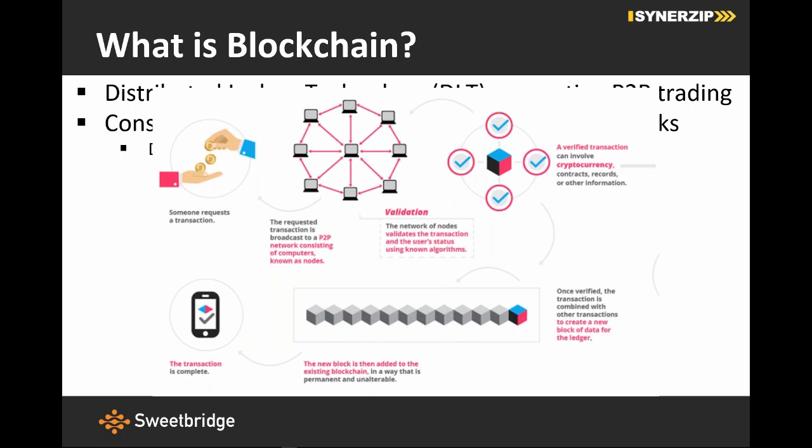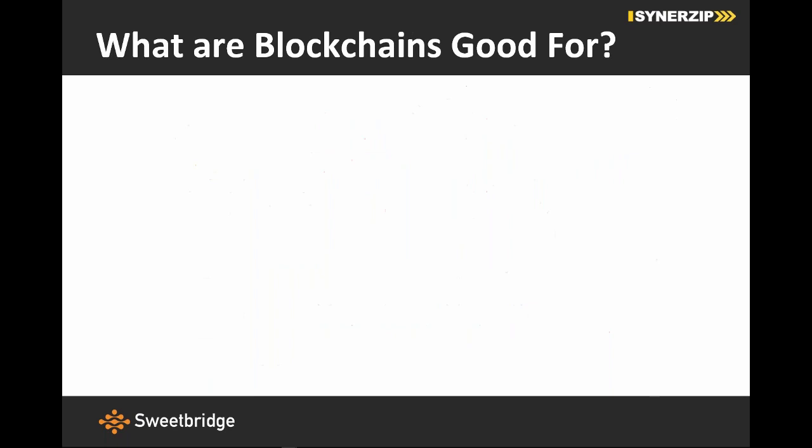It's a highly decentralized system. These nodes are independent, and it takes a significant amount of computing power to do the verification of a block. So what are blockchains good for?